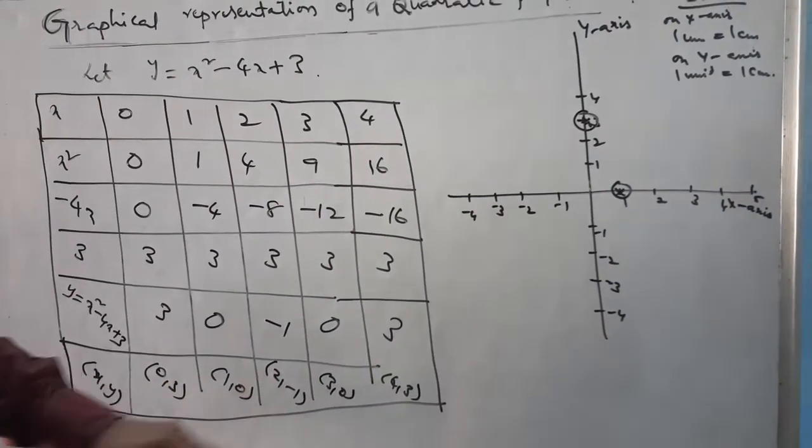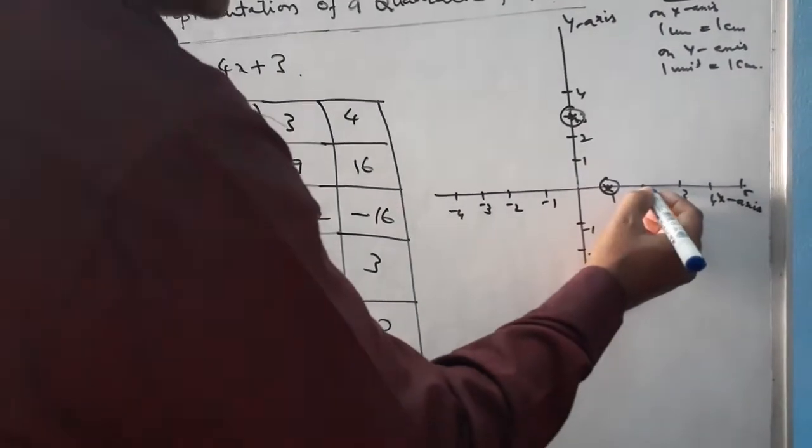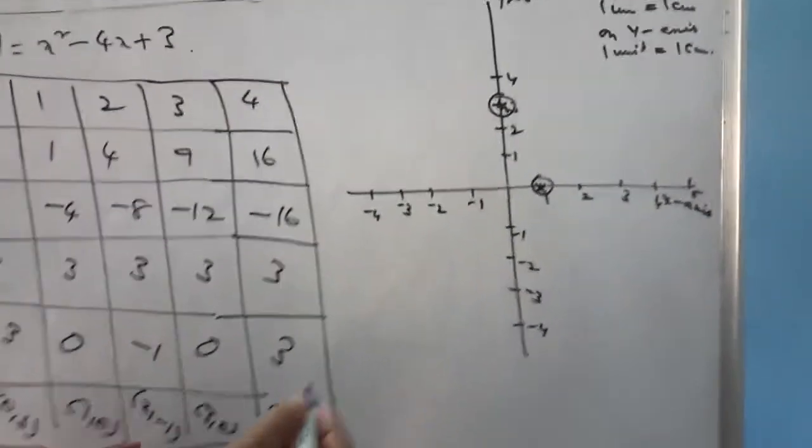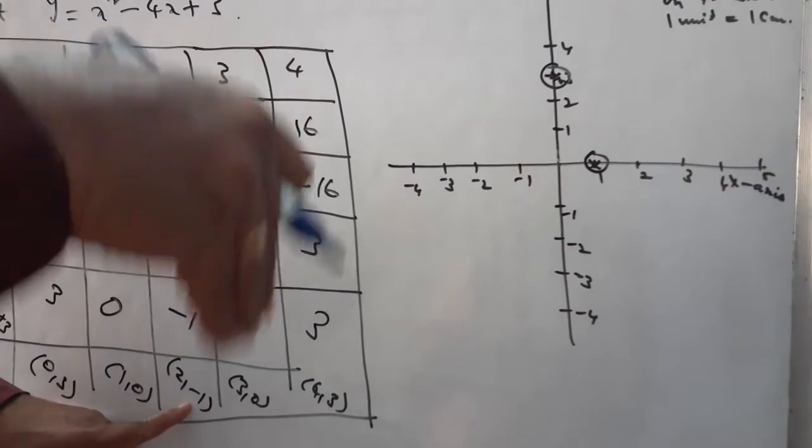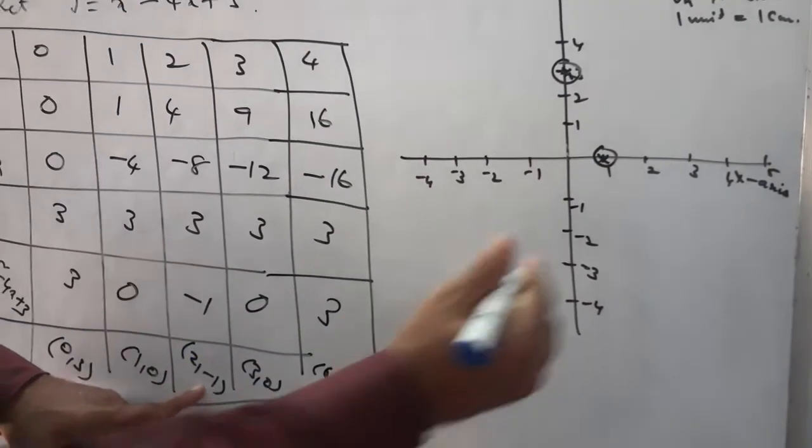Next, (2, -1). Here we take 2 on the x-axis, and the y coordinate is minus 1, so we move downside 1 unit.